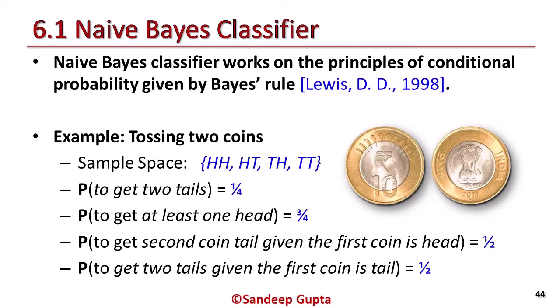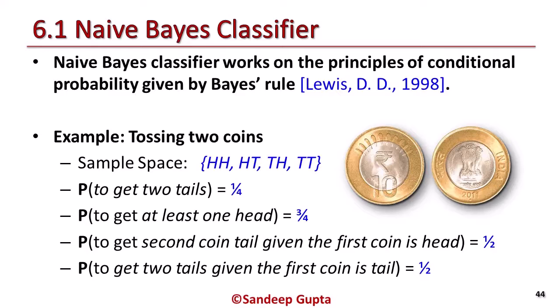Naive Bayes classifier works on the principles of conditional probability given by Bayes' rule. Let's take an example of tossing two coins. The possible outcomes will be two heads, head and tail, tail and head, or two tails. Based on this sample space, the probability to get two tails is 1 by 4.